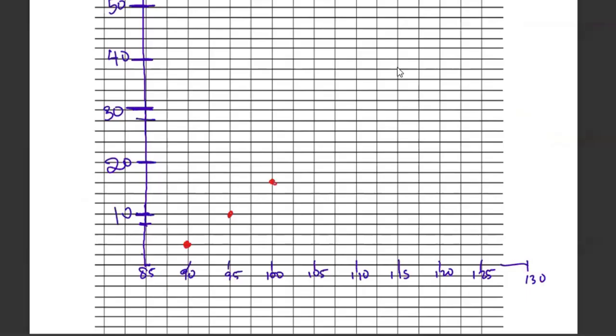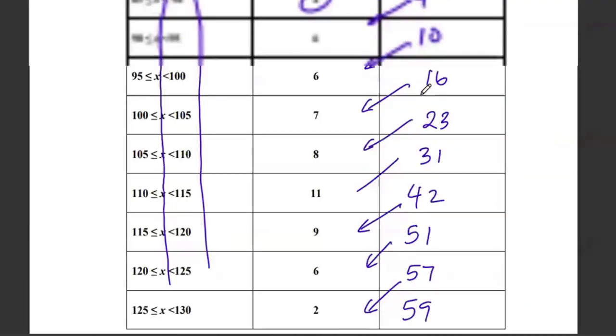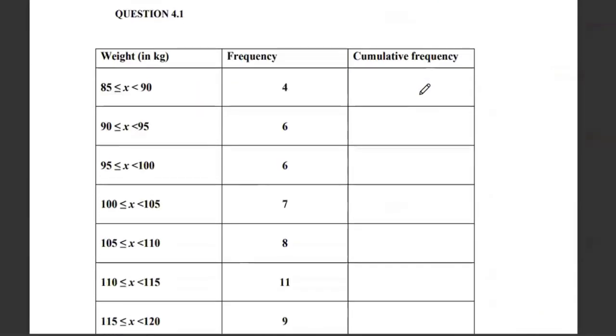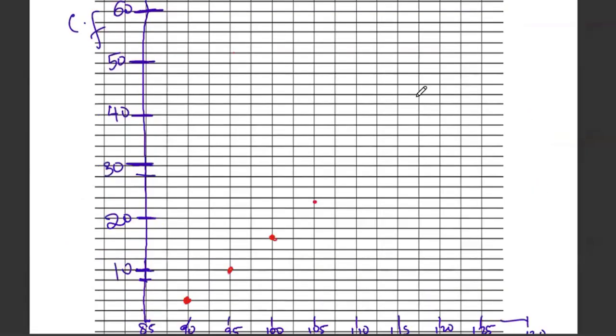And then we have 23, that's 22, so 23 is going to be somewhere there. Then from the 23, we have 31, 42, 51. So 31 is going to be there, and then 42 is going to be there. 51 should be slightly above 50.